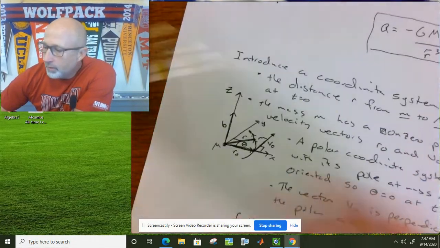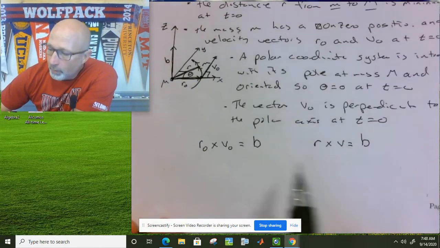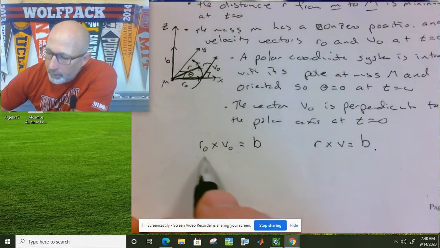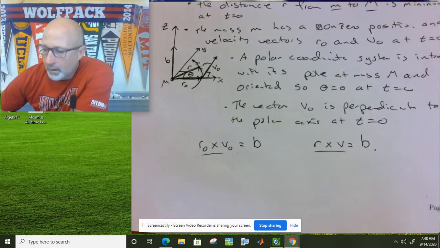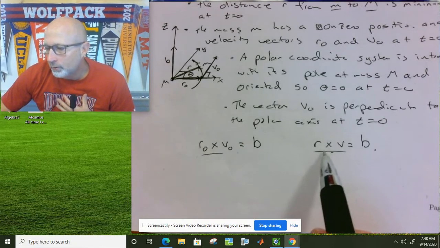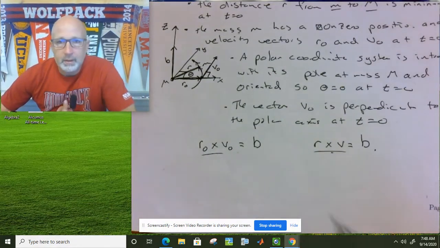And right here, this is going to be the bridge between the two, right? These are both equal to b, which is a constant. I'm going to show that this ends up being tied into that constant. So that's like the bridge. These are in terms of some arbitrary values t, but it turns out that those are going to be constants, and that's going to be the key to everything.